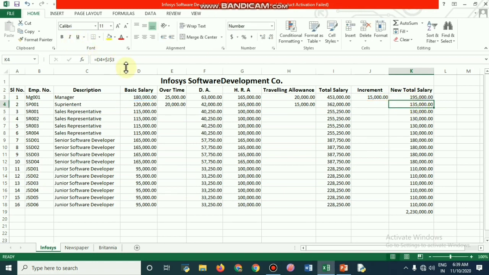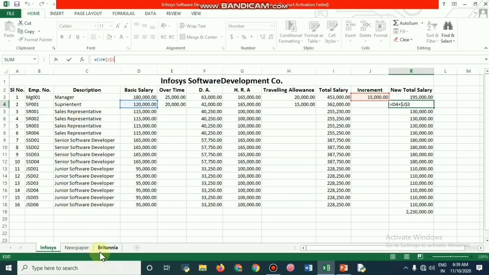So you put a dollar sign in front of the cell address, the column name J and the column number 3, so that when the formula is copied down, the cell address J3 doesn't change at all. This type of copying down the formula is known as absolute cell referencing.